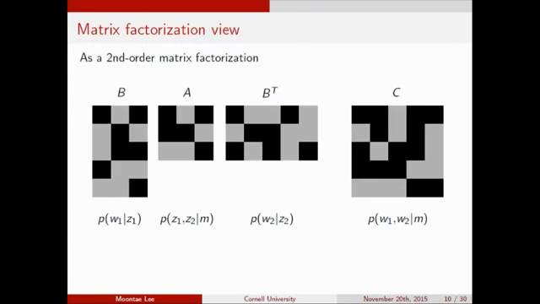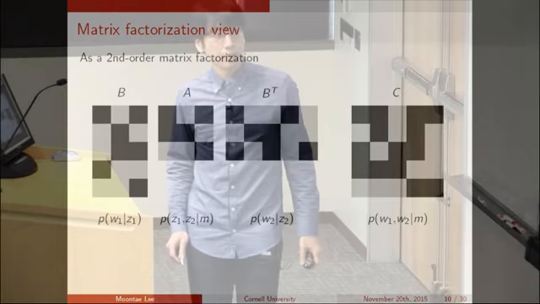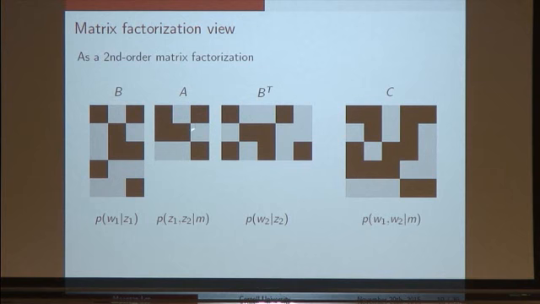The corresponding matrix factorization view looks like this. Now we have a topic-topic matrix. The sum of all entries will be equal to 1, so this is a joint stochastic matrix. And we have the word-topic matrix here and its transpose here.